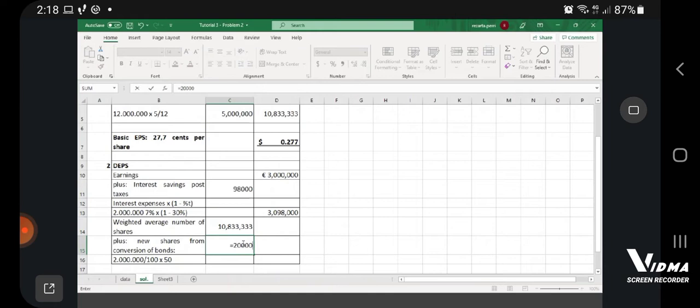Each 100 euro of these bonds will be converted into 50 shares. That means that the new number of shares will be 1 million.